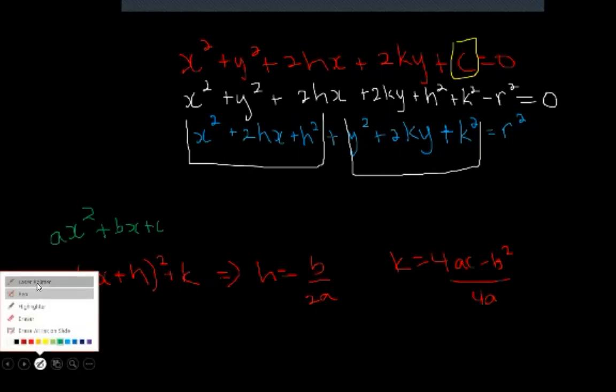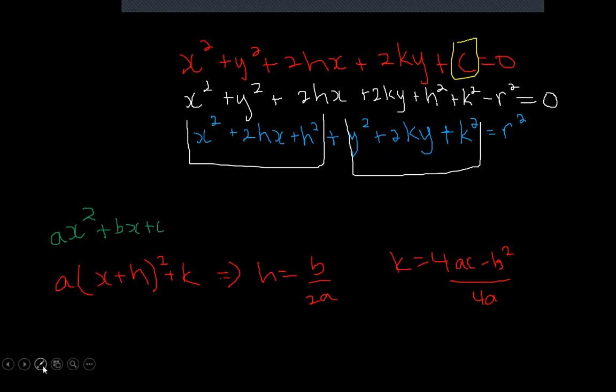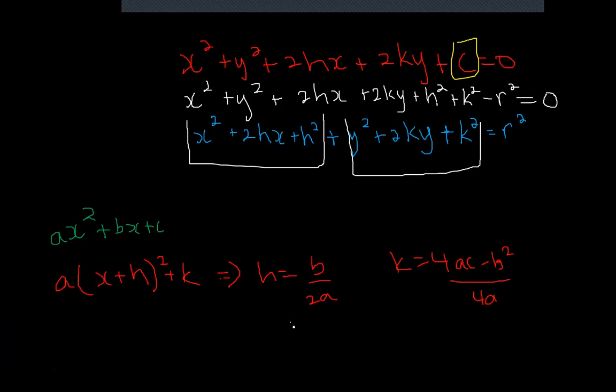So looking at this in green, and then looking at this in blue, we can say that a, which is the coefficient of x squared, is 1 in this case. So that means that h would be equal to b on 2a. B is the coefficient of x, and in this case, the coefficient of x is 2h.